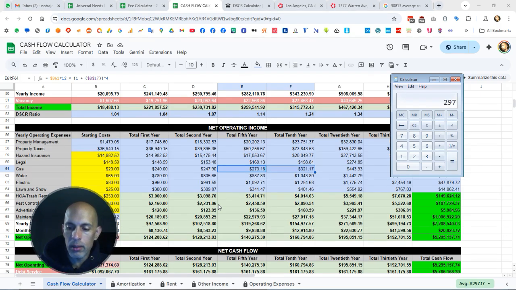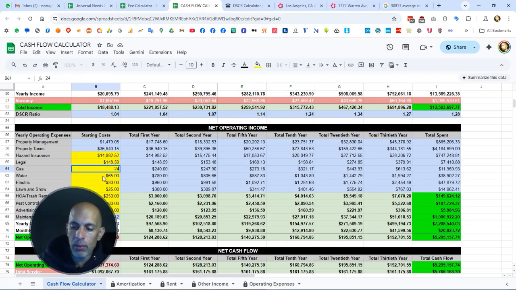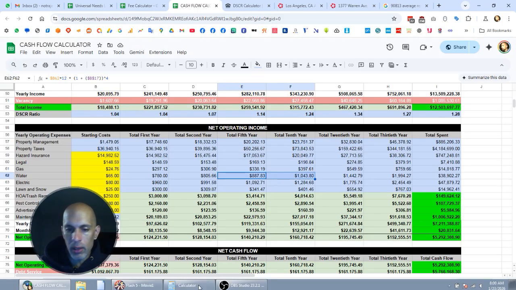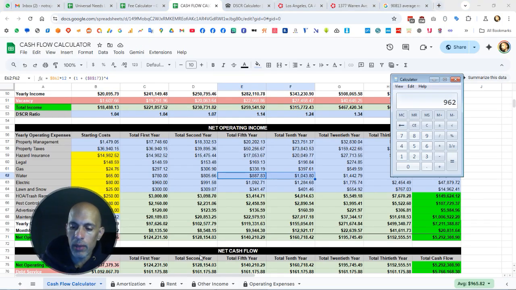297.17 divided by 12, 24.76. 965.82 divided by 12.